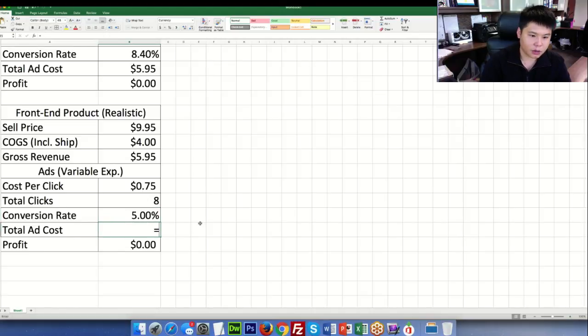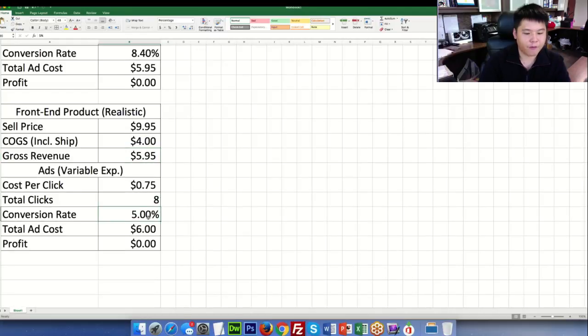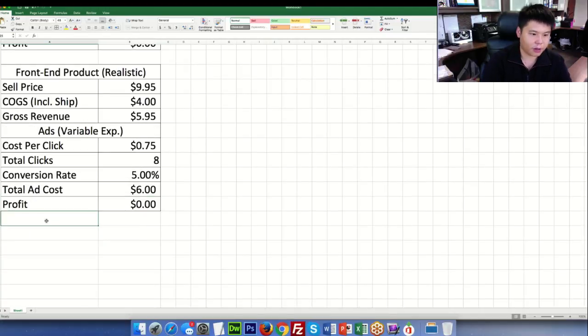Your ad cost is going to be $6, but sorry, I've actually done this math wrong. Your conversion rate is around 5%. So that means that for every 100 people that come in, there's only 5. So with that, if I were to do this calculation, total sale at 100 clicks, okay.